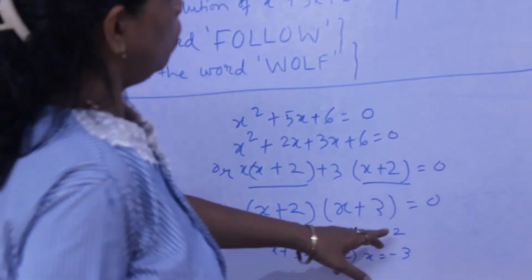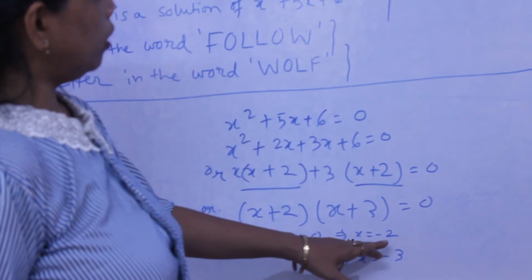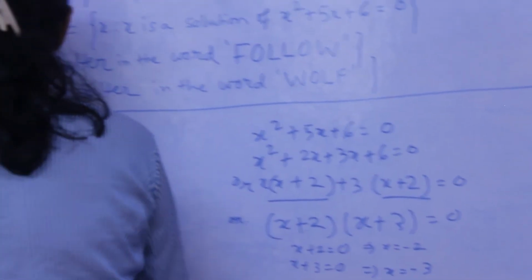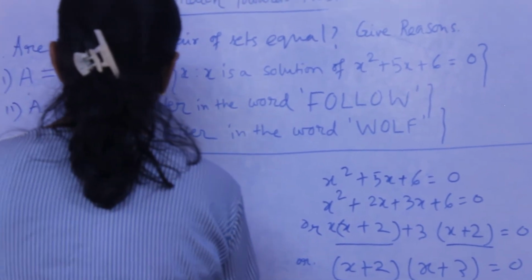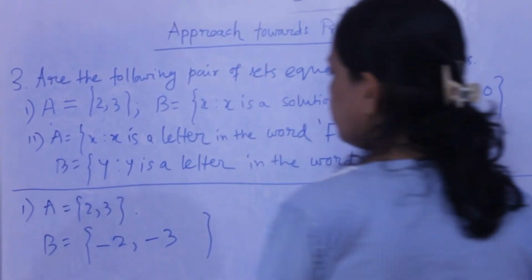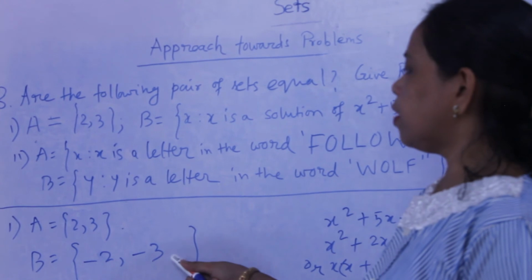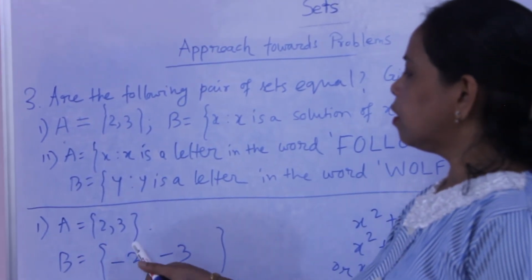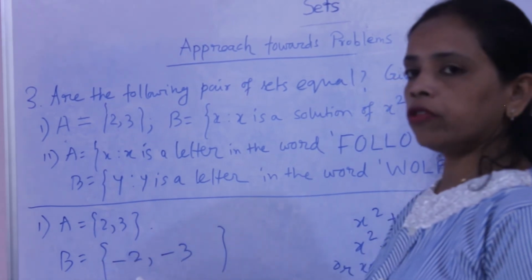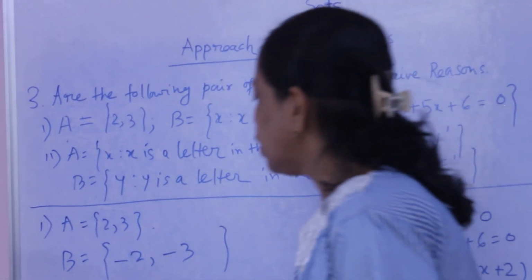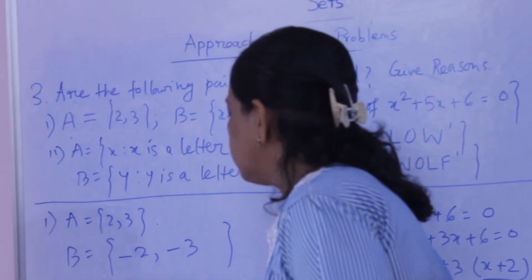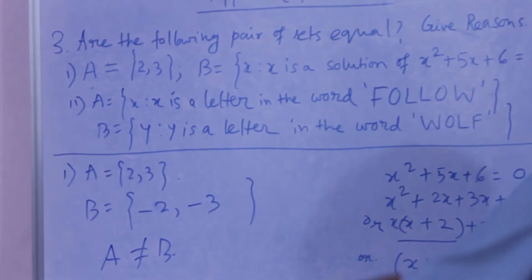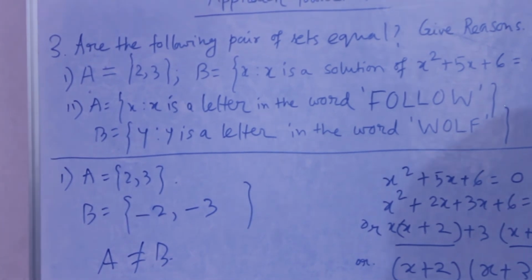So we get two solutions for x, that is minus 2, minus 3. So the B set's elements are -2 and -3, and the A set's elements are 2, 3. So the elements are not the same. So the sets A and B are not equal. So our answer will be A not equal to B.